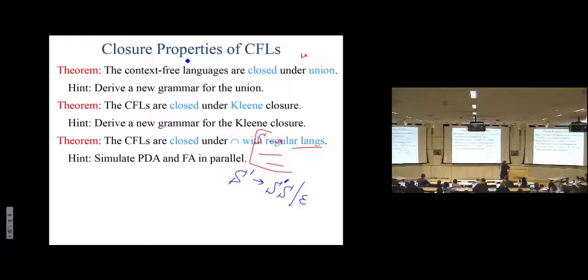You run the pushdown automaton, and simultaneously you run the finite automaton. You cross the two state sets. You run them in parallel on the same input, and you accept if and only if both accept the input. Because you only accept if both accept, that means it's in both of their languages, which means you're accepting the intersection of their languages. So it's a cross-product construction.